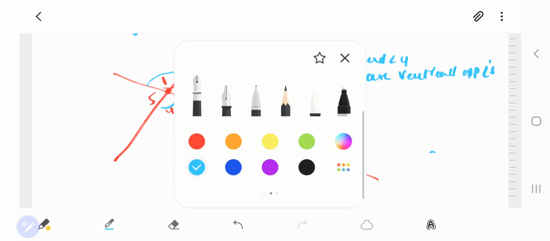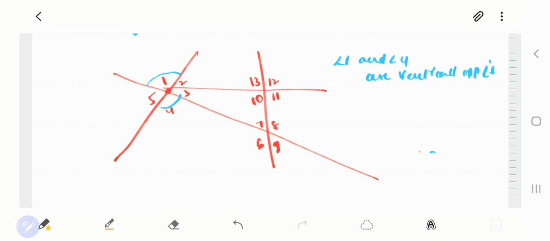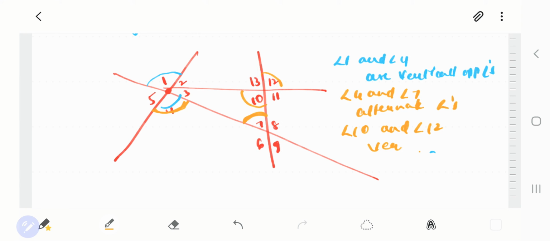Here. Okay, I'll mark 4 and 7. They are angle 4 and angle 7 alternate angles, Z forming angles. Then you have 10 and 12. 10 and 12 are vertically opposite angles. 10 and angle 12 vertically opposite angles.